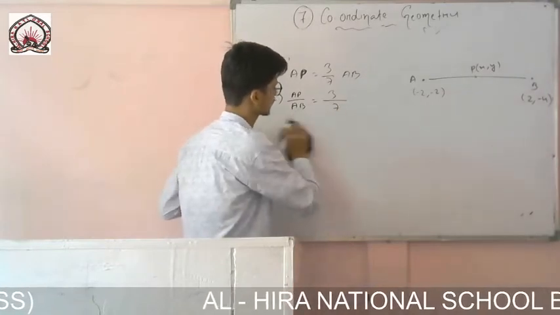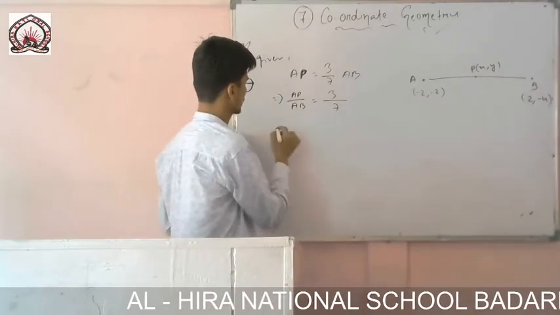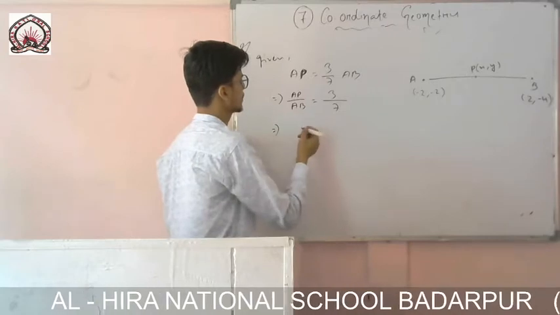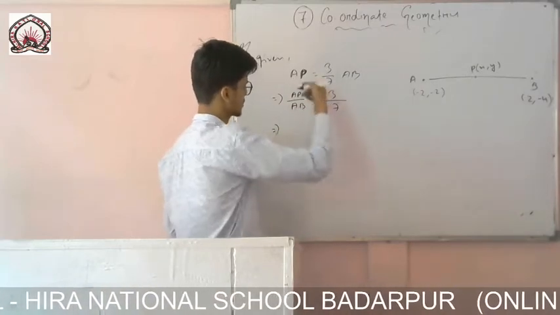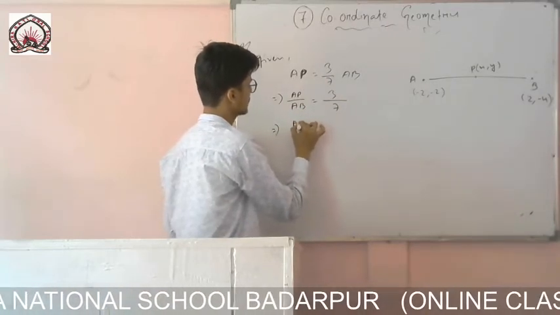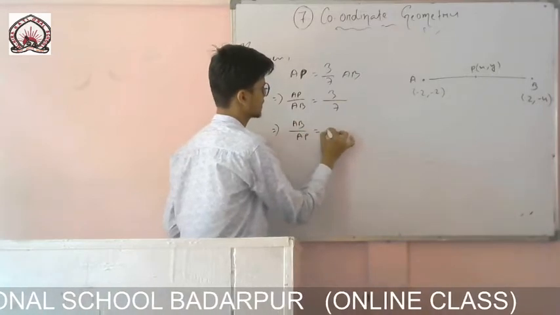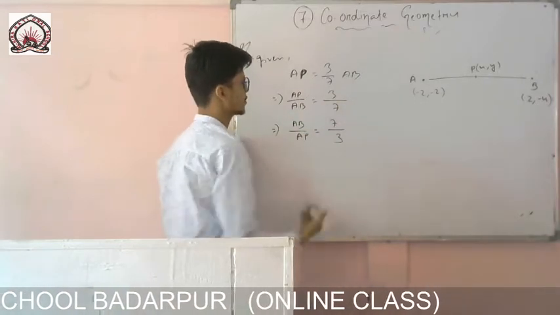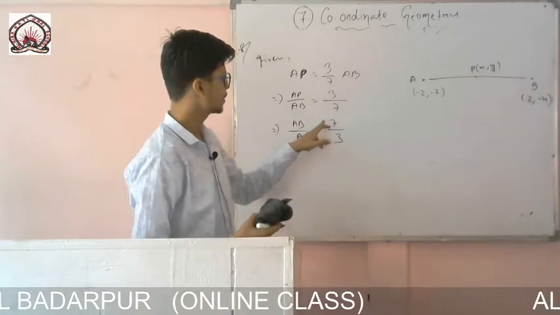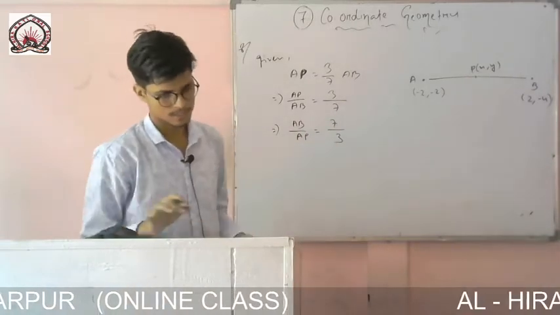Something we have to change actually. I'll take the reciprocal, it will be AB by AP, I need it, that's why. So if I do the reciprocal, AB by AP will be equal to 7 by 3.